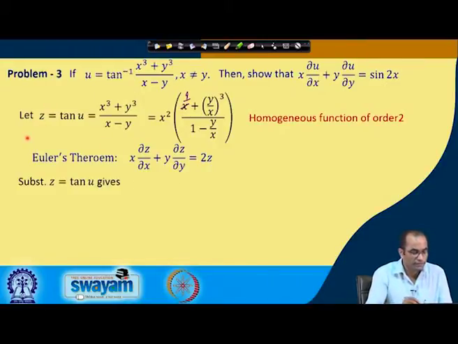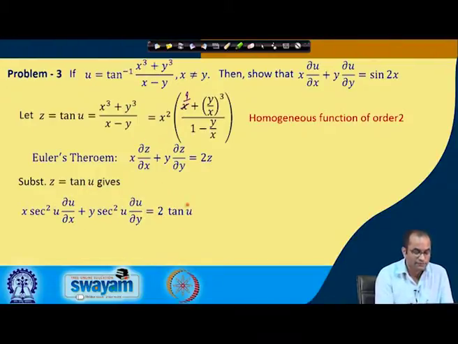z. So, applying Euler's theorem on z is equal to tan u, this will give us 2 times z, and z was tan u. So we get x del z over del x, and we need to see what this del z over del x is.